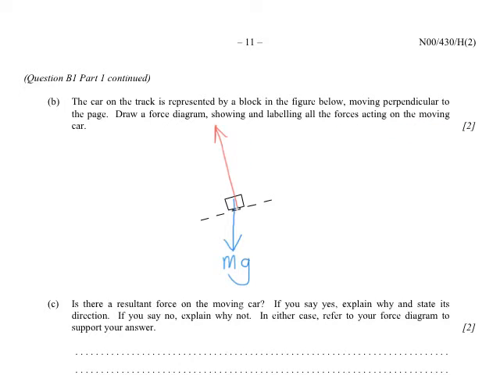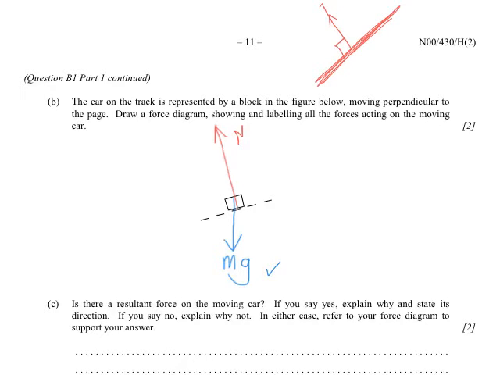On the one hand, we do have weight, which acts straight vertically down, and then we have the normal force, which happens as a reaction to the weight pushing down on the road. What's tricky about the normal force is that you have to remember that it's at 90 degrees to the surface, pushing straight up, perpendicular to the surface, like that.